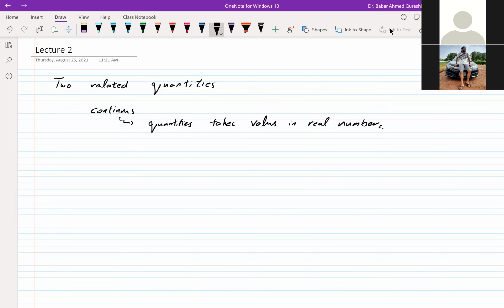So when you have such a situation, again, informally speaking, we have a function of a real variable, taking values in real numbers.